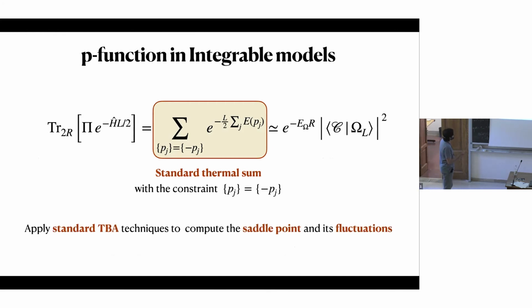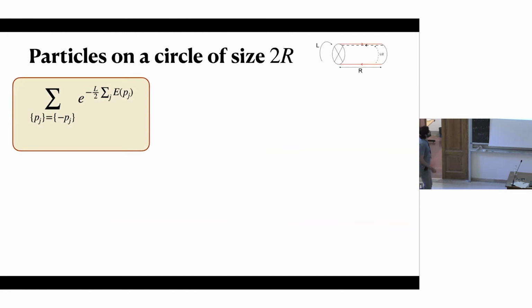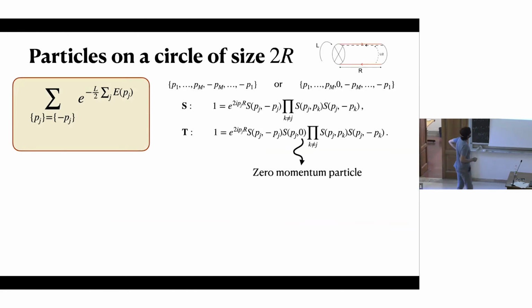Now we can really apply the thermal TBA techniques to compute the saddle point and the fluctuations around it. I don't want to give too many details here, but you can basically split this sum into the only two sets of momenta that survive.